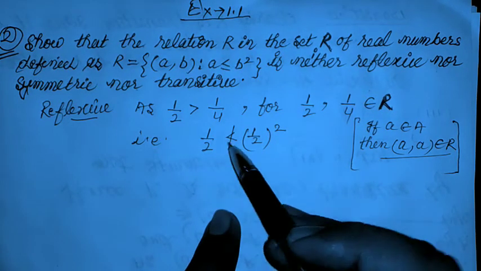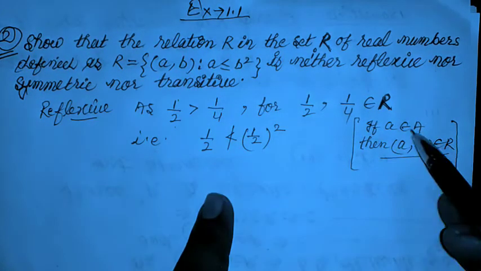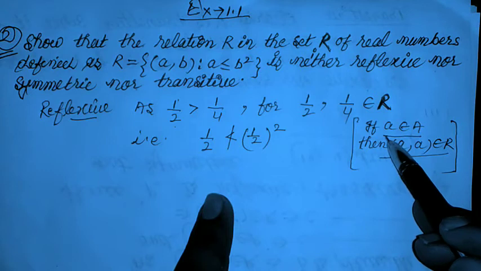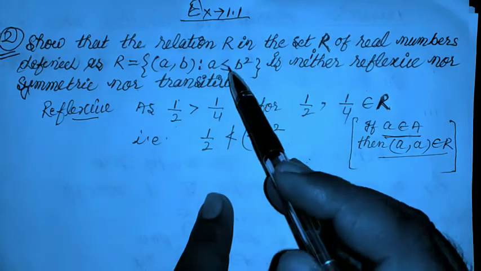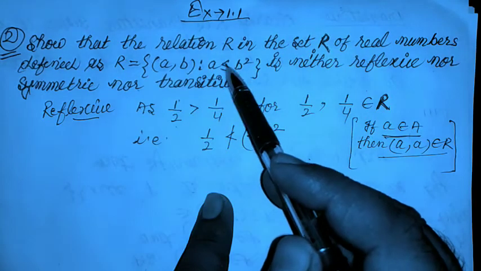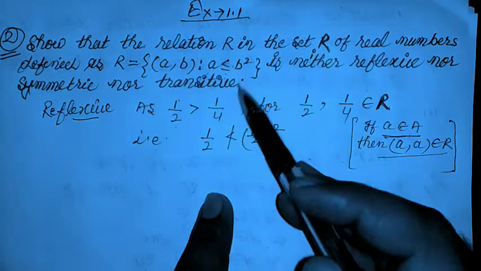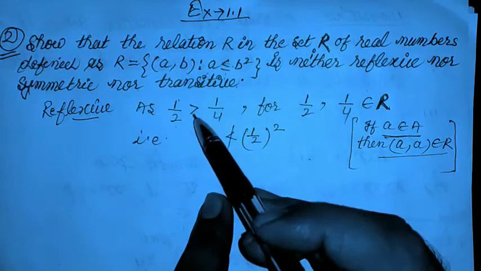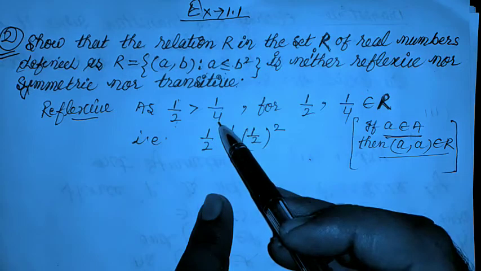Here we took 1/2 as a, belonging to the real numbers. The relation is a ≤ b². We take 1/2 greater than 1/4.